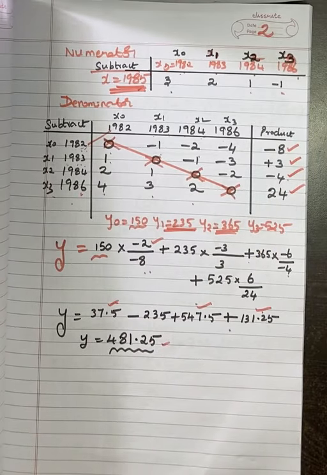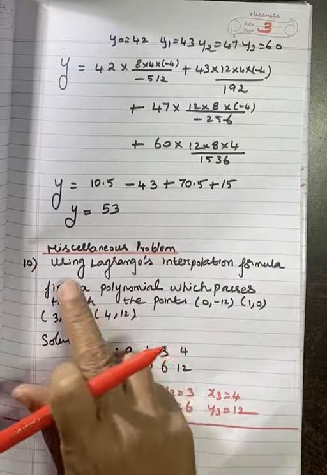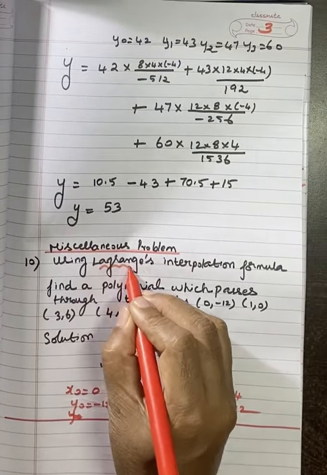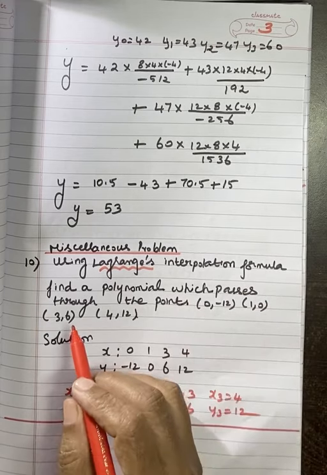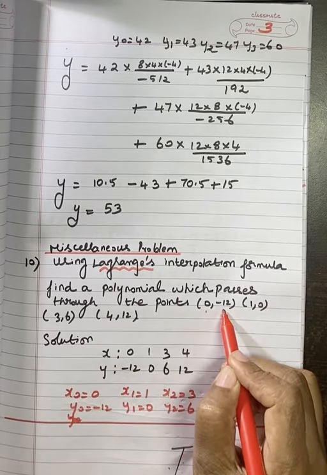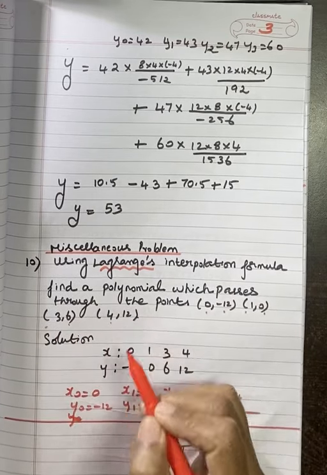Very simple. Second problem. In the miscellaneous problems, using Lagrange's formula, find the polynomial which passes through 3 points, 0, minus 12, 1, 0, 3, 6, 4, 12.